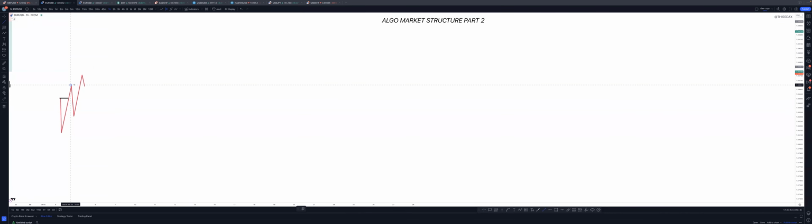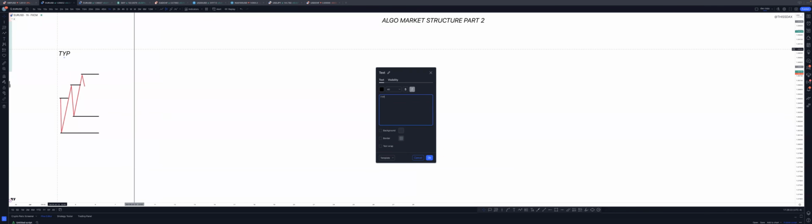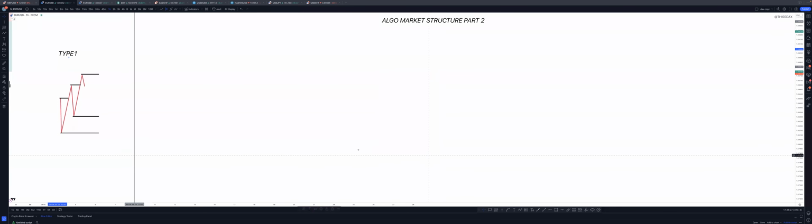We have a break of this high as well. We have this low, A, B, and C. So this is type 1. Please pay close attention.